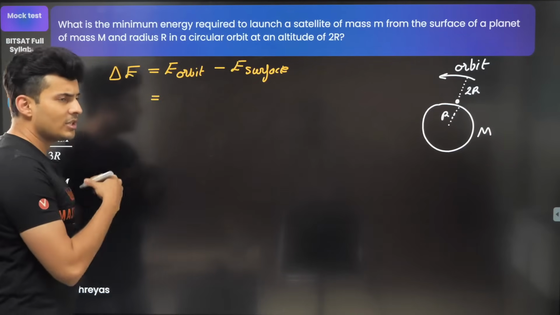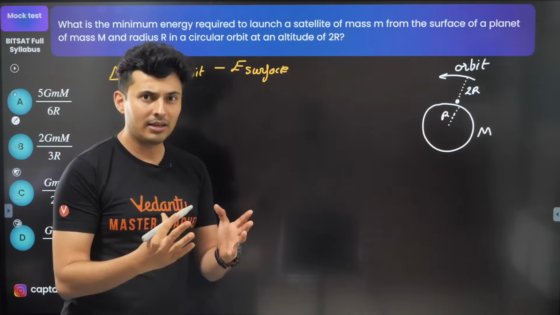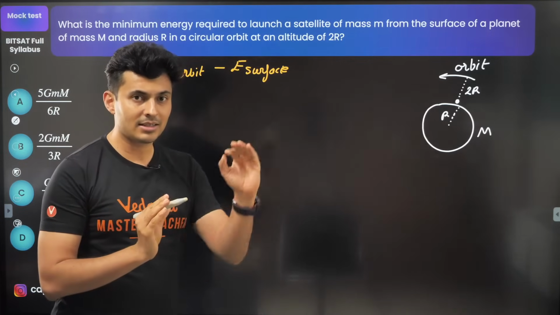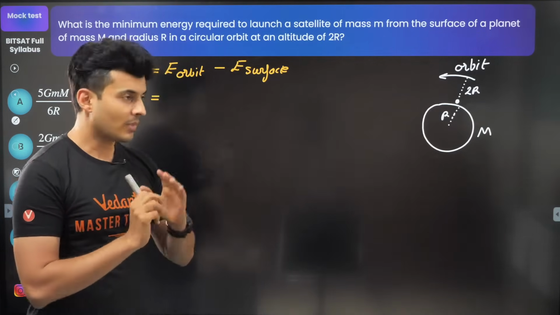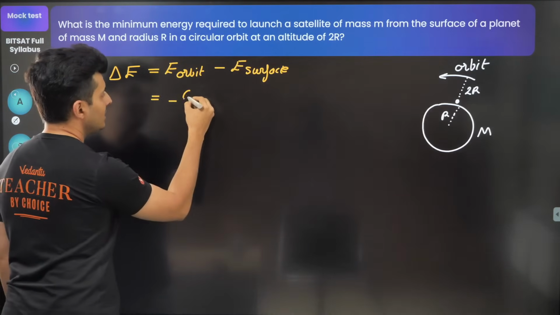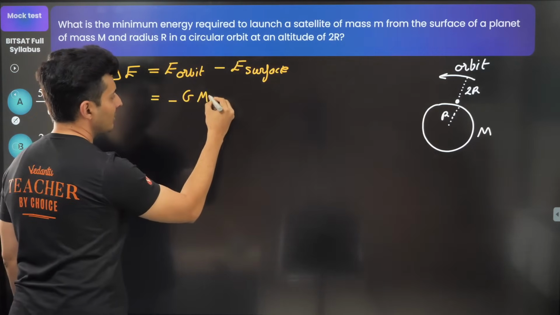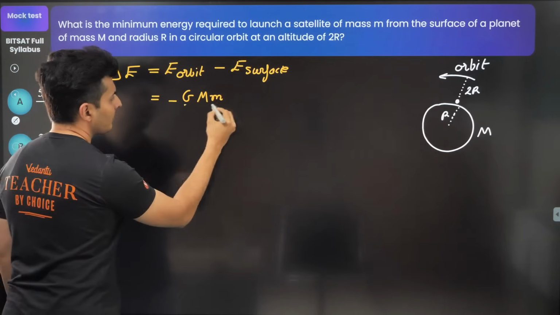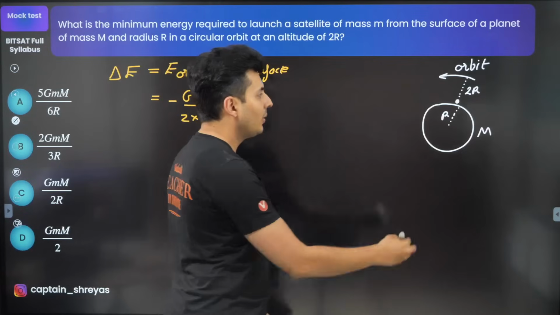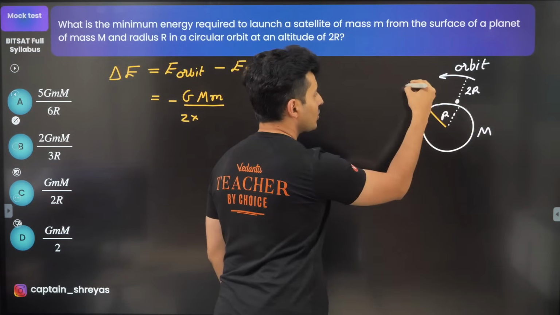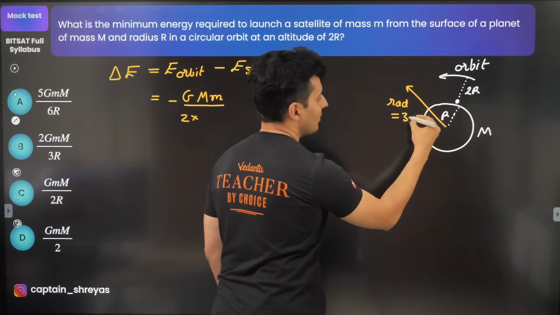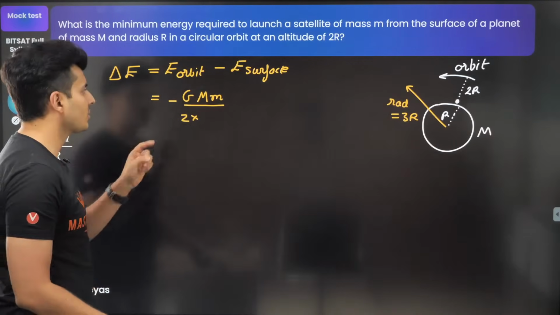The energy of a satellite in orbit is half GMm divided by the radius, with a negative sign. So it is minus GMm divided by 2 into the radius of the orbit. Now this is r, this is 2r, so the radius is going to be 3r.